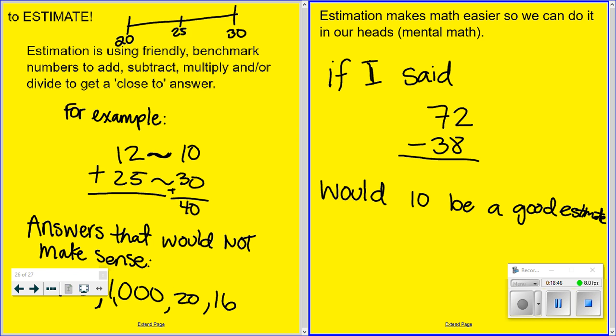I've got 72 minus 38. Would the answer 10 be a good estimate? If you need to do the squiggles out to the side, definitely can. If you need to draw some number lines, definitely can.